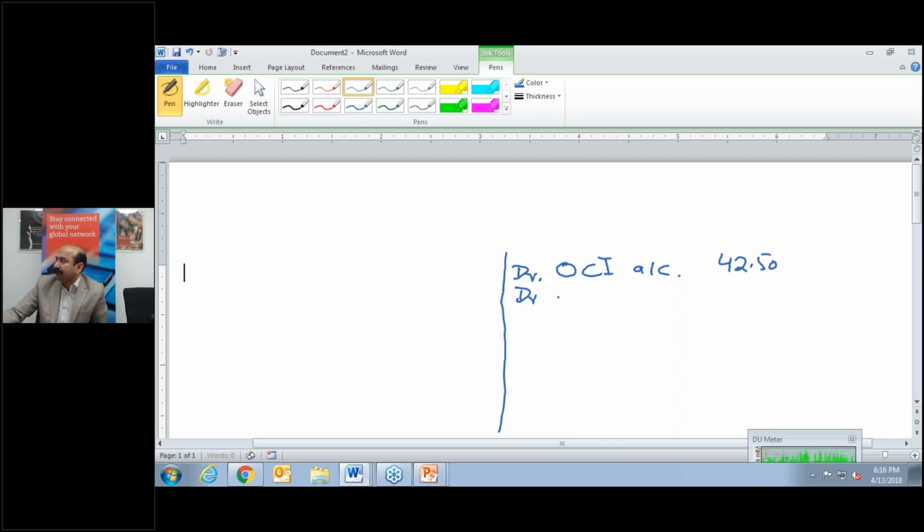The ineffective portion will go to profit and loss, and of course credit financial liability, forward contracts, because we are incurring a loss on these forward contracts, which is the total loss.